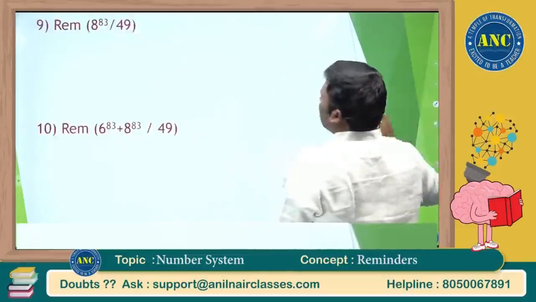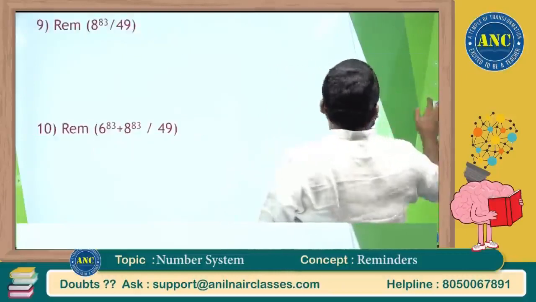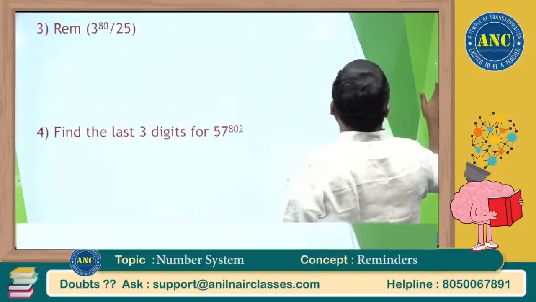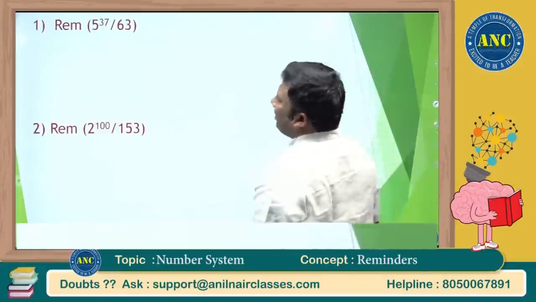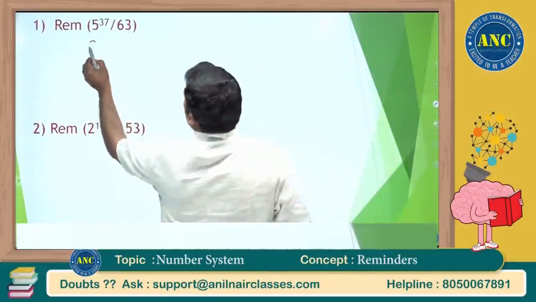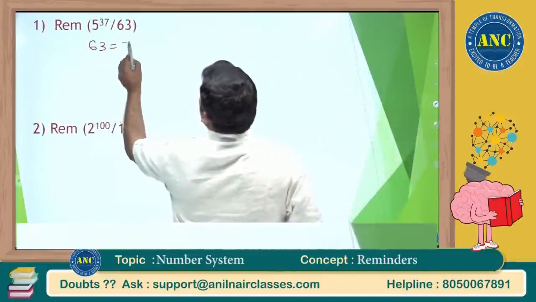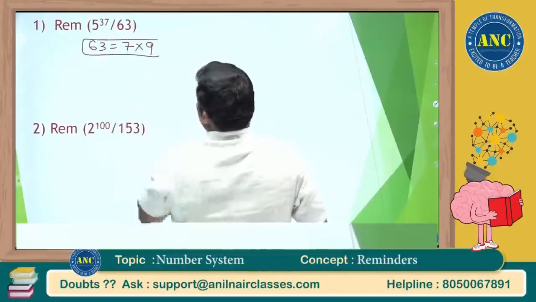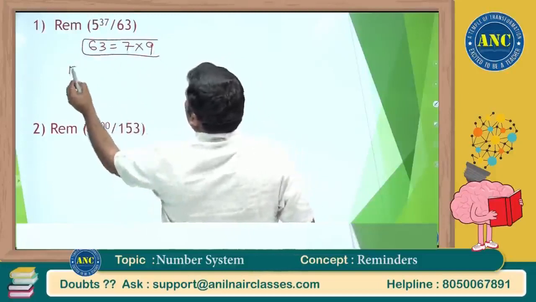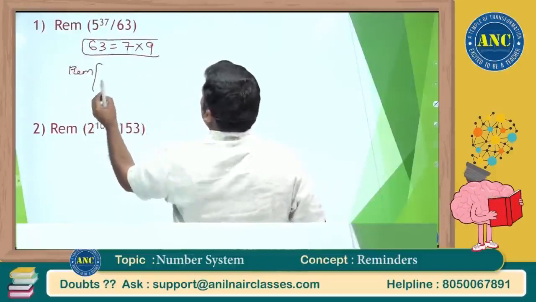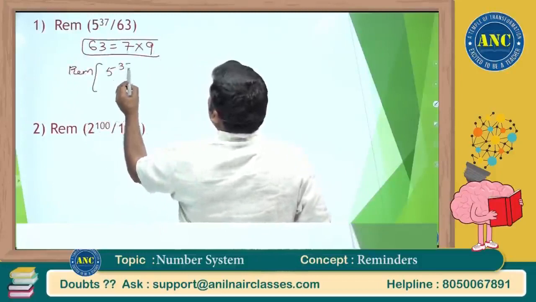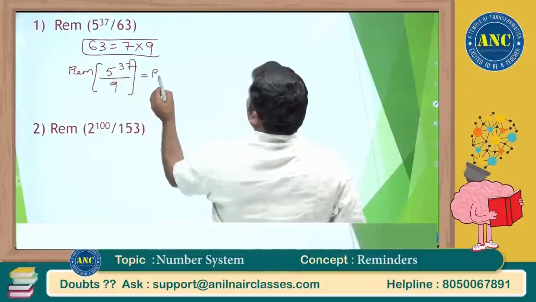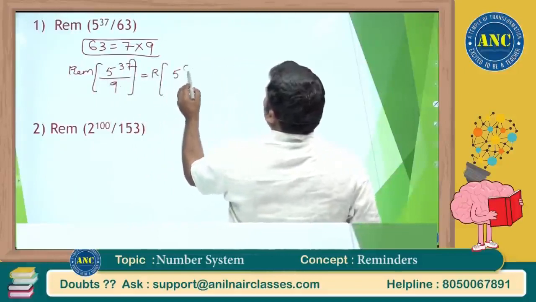Suppose the question is 5 power 37 divided by 63. 63 is a composite number, so it can be written as 7 into 9. First do it with 7 or with 9. 5 power 37 when divided by 9: the totient of 9 is 6.